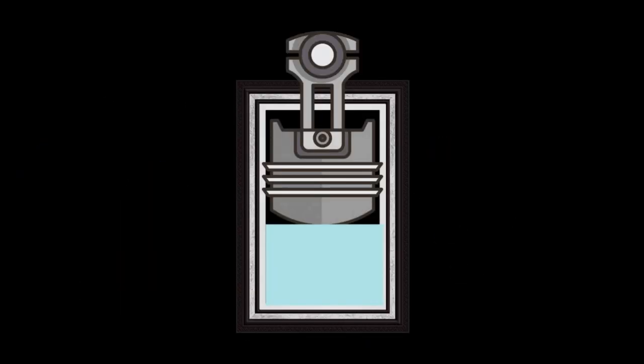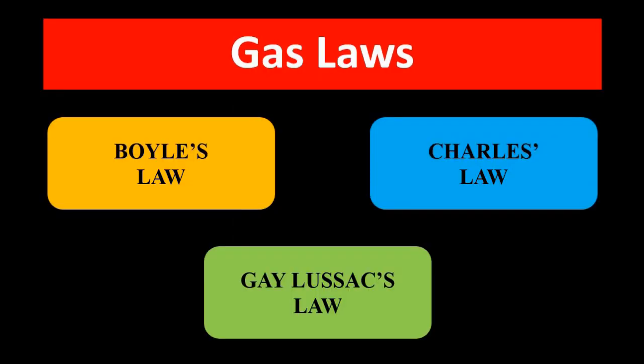We will establish these relationships with the help of three important gas laws. We'll discuss them one by one. The three important gas laws here are Boyle's law, Charles' law and Gay-Lussac's law. First we'll discuss Boyle's law.